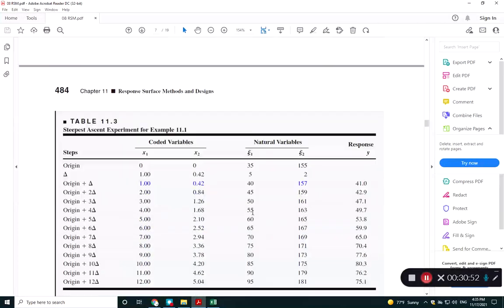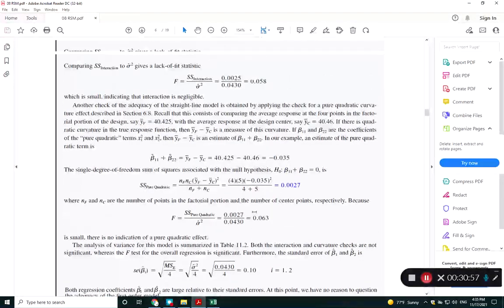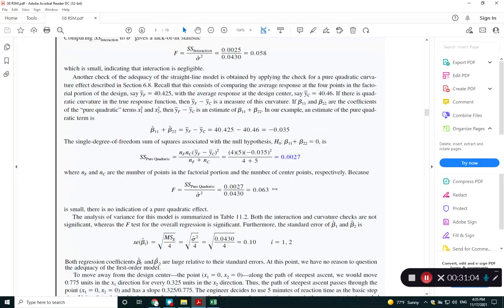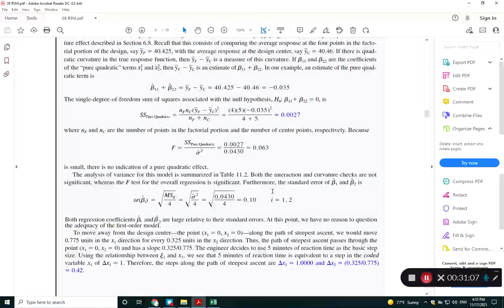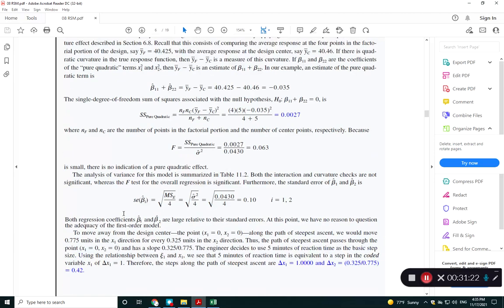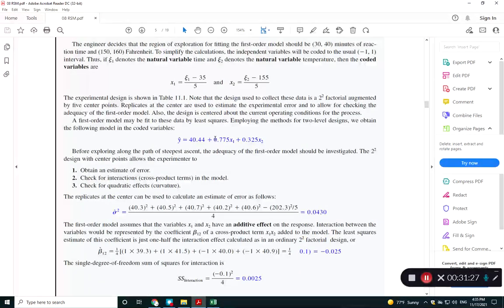Once you have that center point and everything's okay, you know that the quadratic is not significant and that is not significant, and now to move the point away from your 0, 0, you have to decide how close or how far to move, and that is based on this.